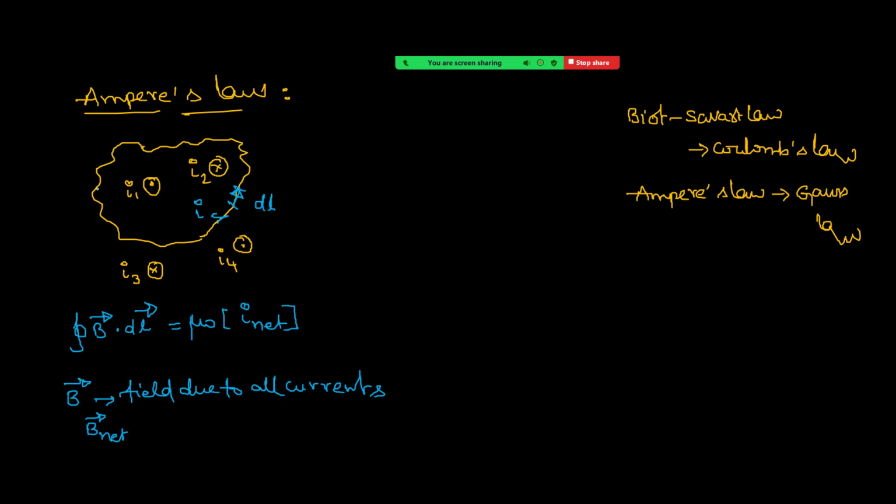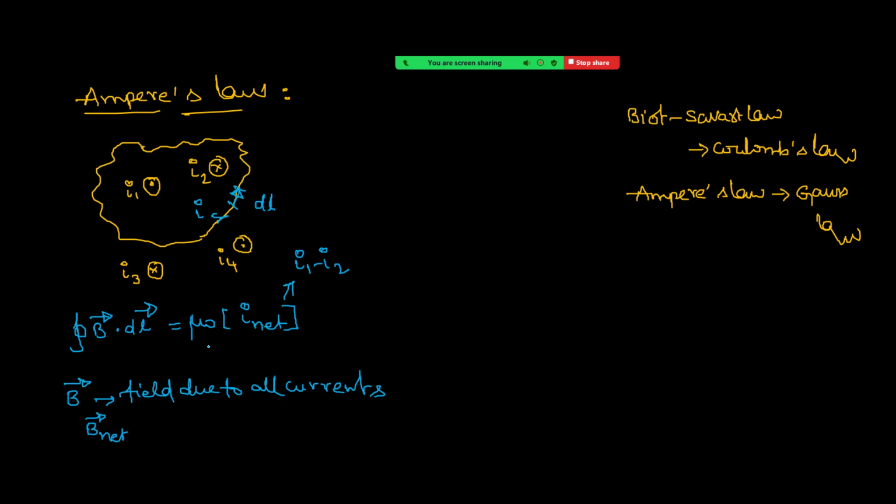Okay. It is over a closed path. That is equal to mu naught into the net current inside the loop. In this, net current means I1 outwards, I2 inwards. According to our convention, outwards positive, inwards negative. That means in this diagram, the net current is equal to I1 minus I2.